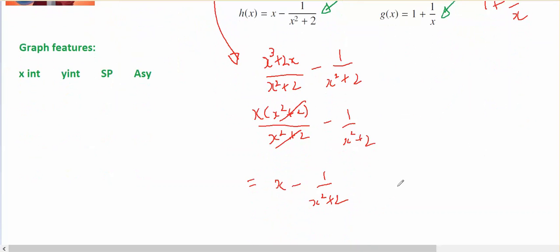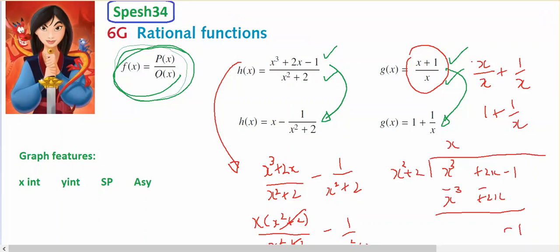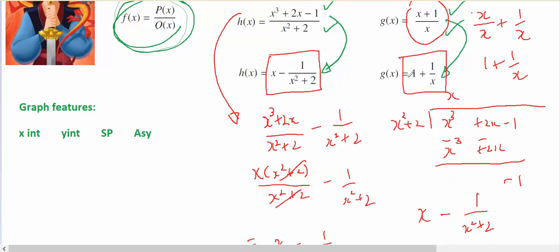Now you needed to be hinted towards that particular expansion, otherwise you could perform a polynomial division, and x squared plus 2 goes into that x times with a remainder of -1. Therefore, we end up with x minus 1 on top of x squared plus 2. So I can use algebra or polynomial division to put it into the form that I would prefer.